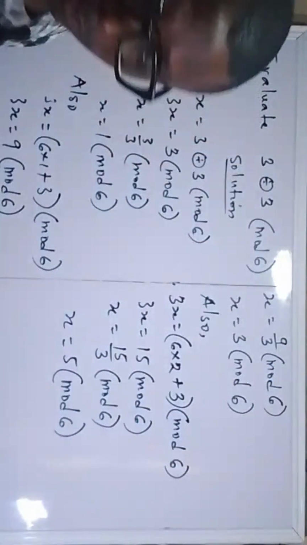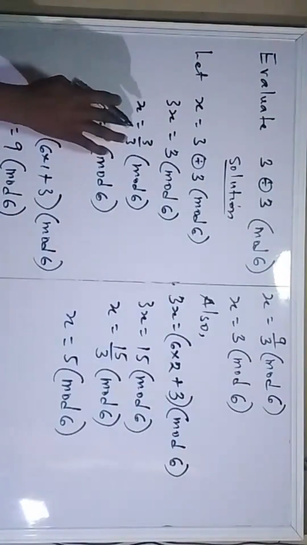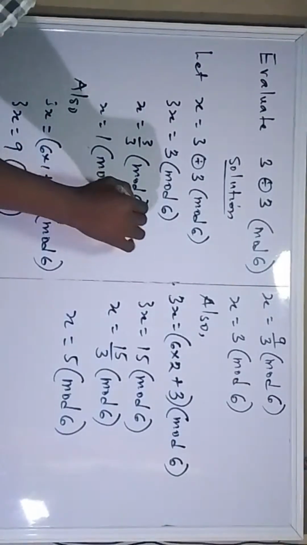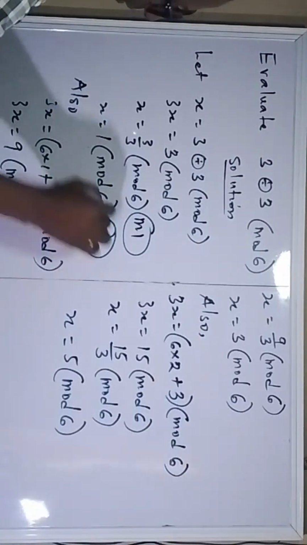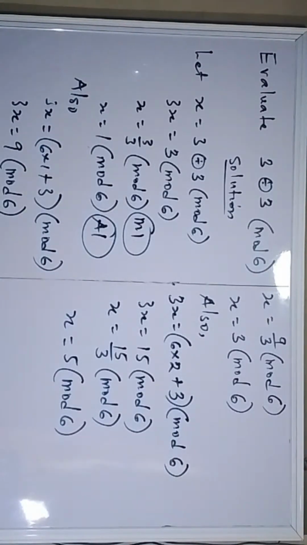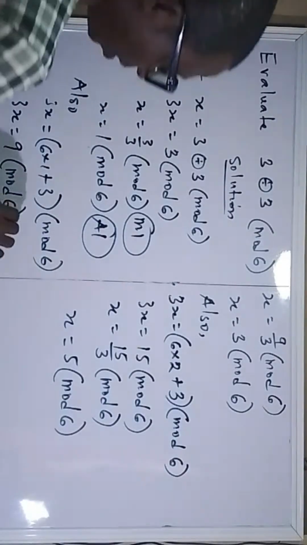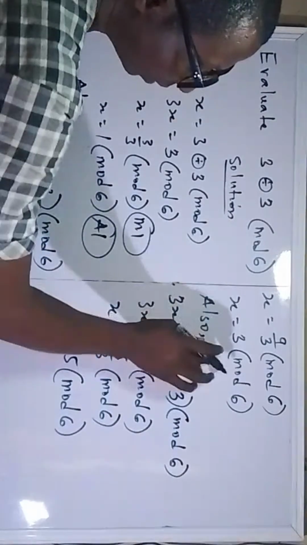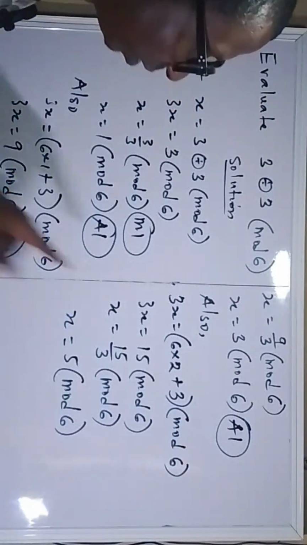So now, how do we award marks? The first thing is for dividing both sides by 3 here, we have M1. For getting the answer, A1. Now here, for getting to this level, because I've added a multiple of the modulo to this, we have M1, and for getting the answer, A1. The same thing here.